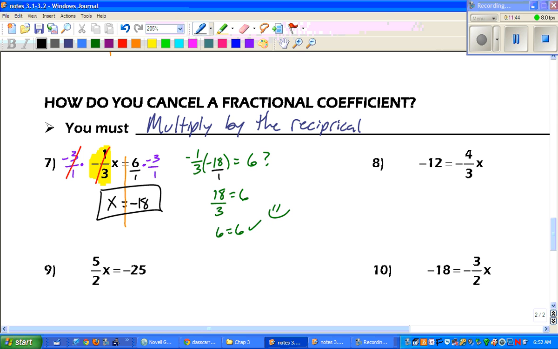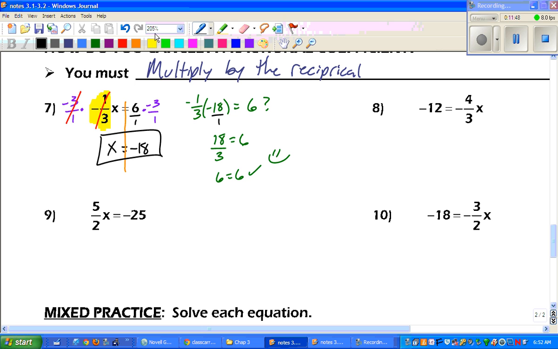Once again, that's just proving that we're getting the right answer. Okay, so multiply by the reciprocal. Your fractions cancel. Put that over 1, and you get negative 50/5, and you can reduce that to negative 10.